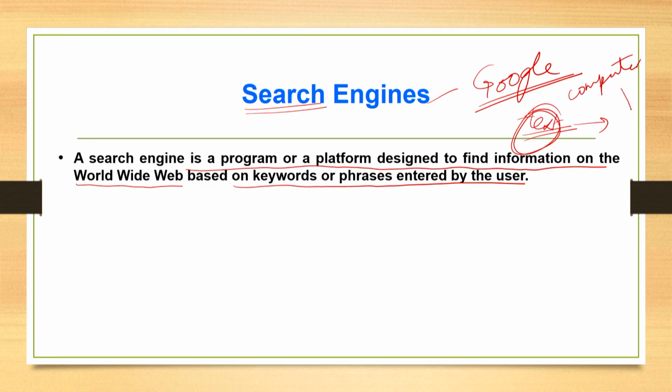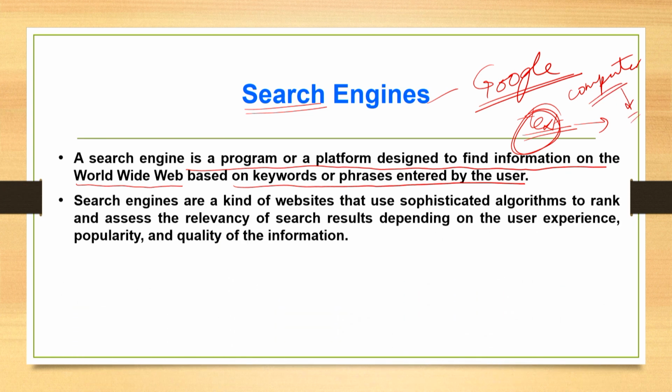You will get websites that contain the definition of a computer. Search engines are a kind of website that use sophisticated algorithms to rank and assess the relevancy of search results depending on users' experience, popularity, and quality of the information.